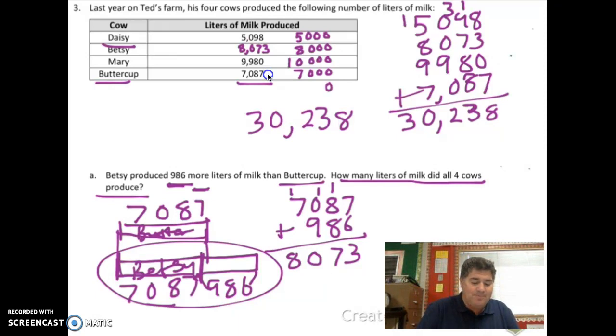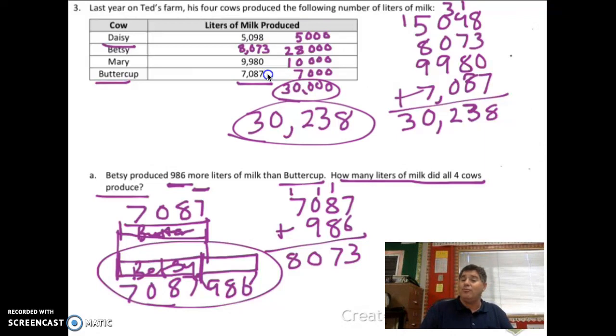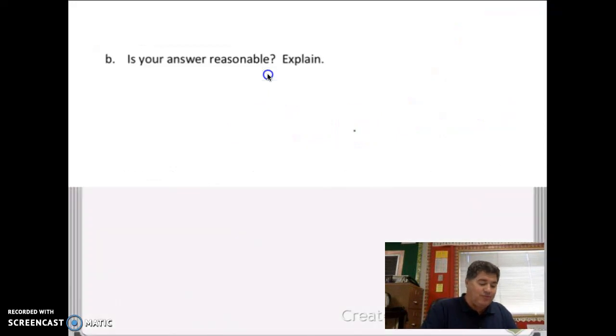Then we'll add those up. 0, 0, 0. 7 plus 8 is 15, plus 5 is 20. Carry the 2. 2 plus 2. 2 plus 1 is 3. So 30,000. Our estimate is 30,000. Is 30,000 close to 30,238? Yes, it is. It's actually pretty darn close. So definitely it is a reasonable answer.